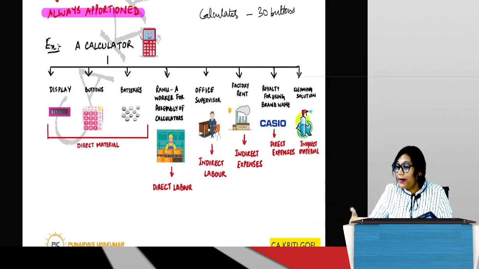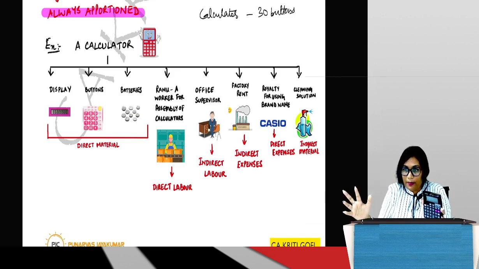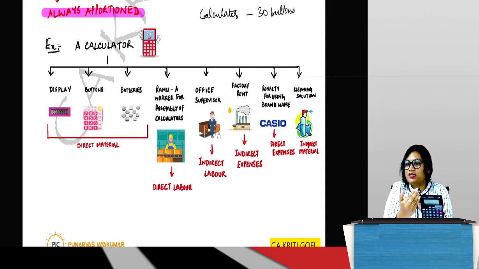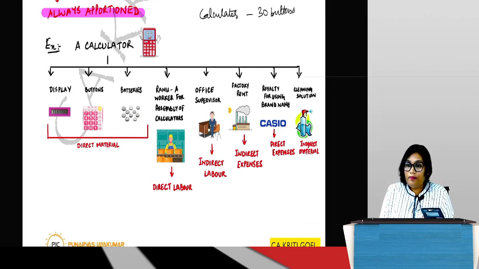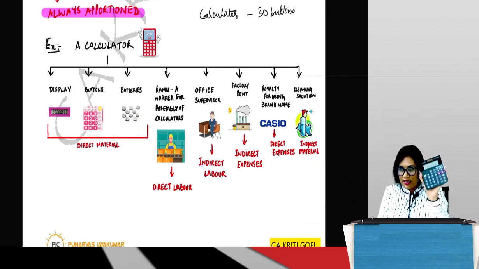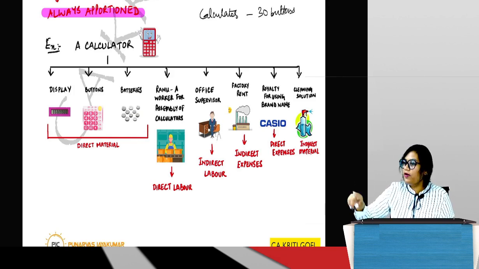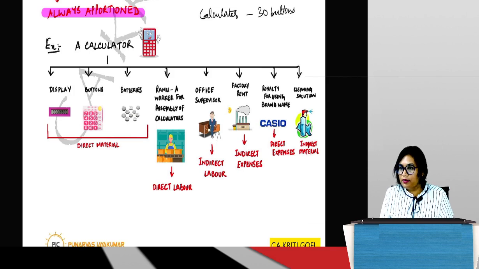So that becomes direct labor, because that direct laborer is associated with this particular product in a direct way, right? But at the same time, if there is a factory supervisor, what is the factory supervisor doing? There are 10 workers who are manufacturing these calculators. That factory supervisor is just supervising them, and he is paid 10,000 rupees per month.